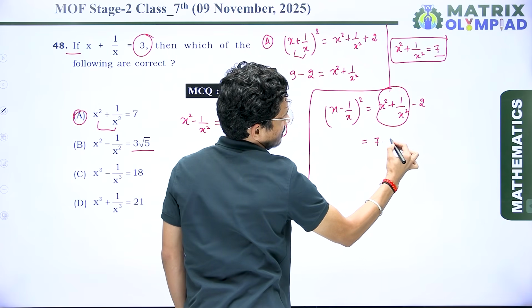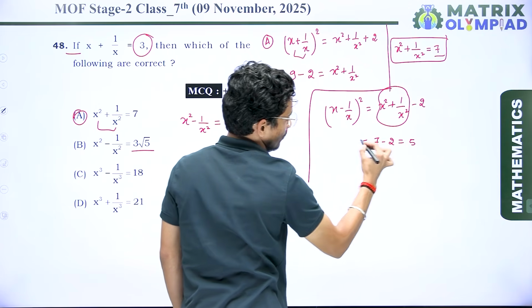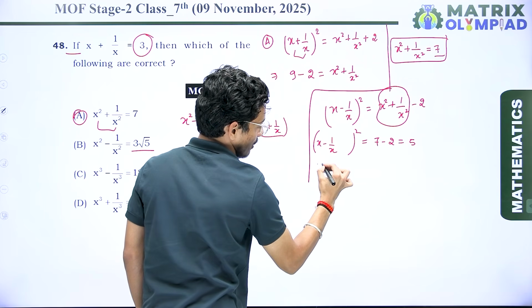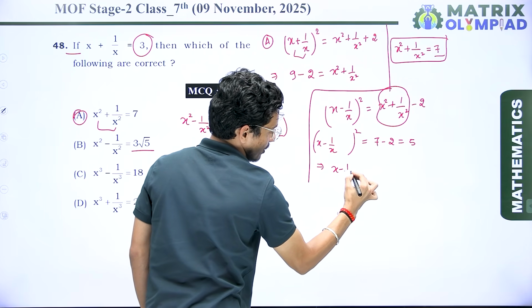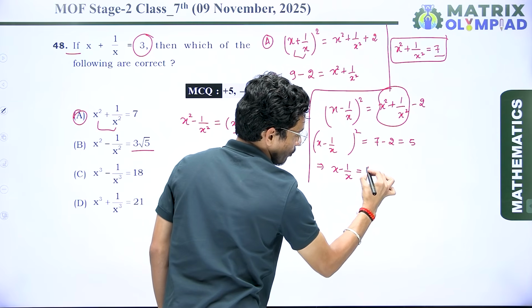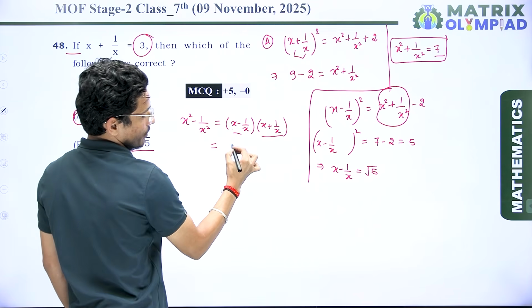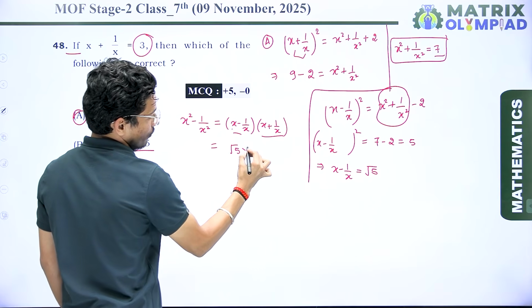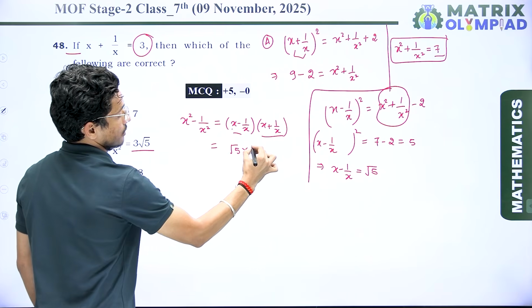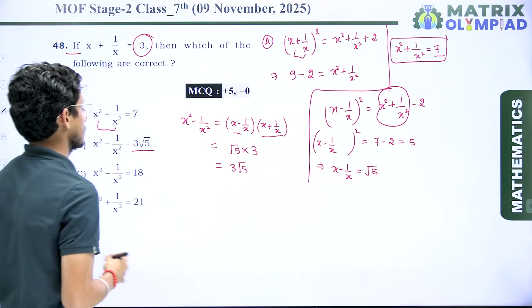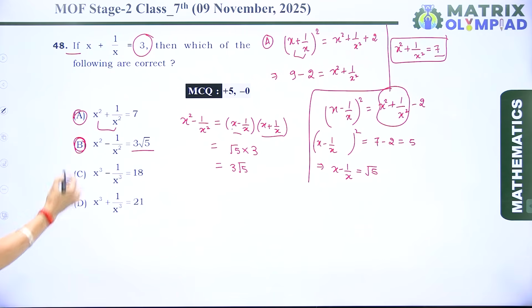So I can write here 7 minus 2, that is 5, which is equal to the x minus 1 upon x to square. So the value of x minus 1 upon x, which is equal to under root of 5. So now we put the value of x minus 1 upon x, that is under root 5, the value of x plus 1 upon x, that is 3. So the correct answer is 3 under root 5. It means option number B is also correct.